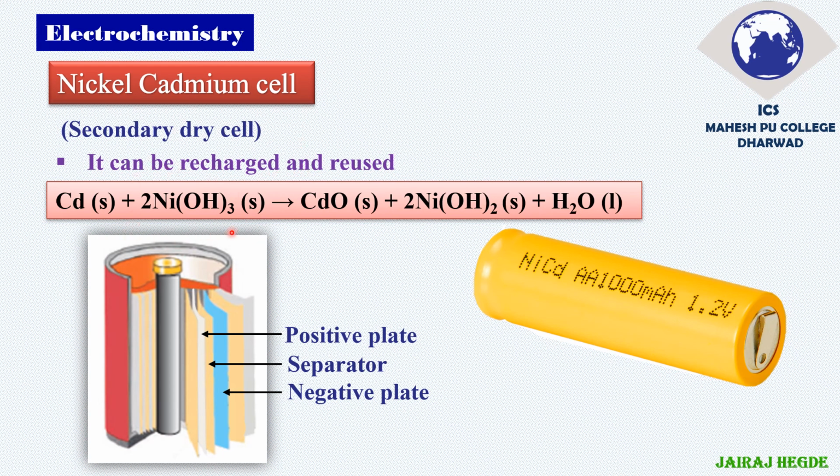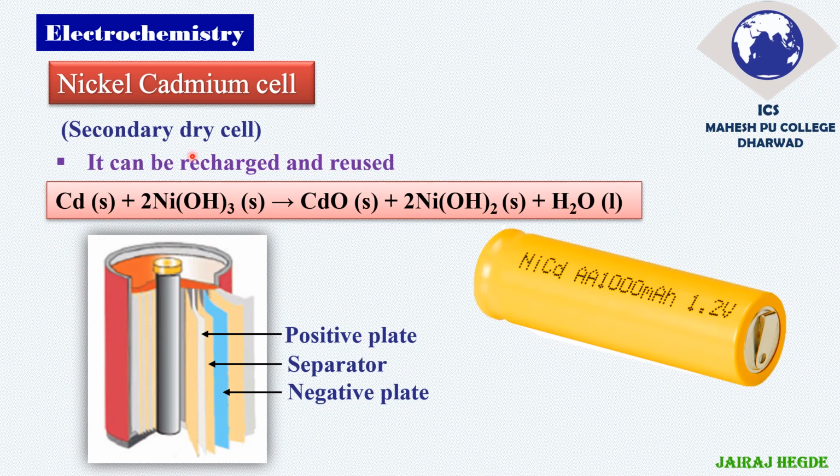Similarly, in the nickel hydroxide, the oxidation state of nickel is +3. The nickel is undergoing reduction to form nickel +2. It is undergoing a 1 electron change. Here it is undergoing reduction, so that's why the nickel hydroxide portion acts as cathode. Here cadmium acts as anode and nickel hydroxide acts as cathode.